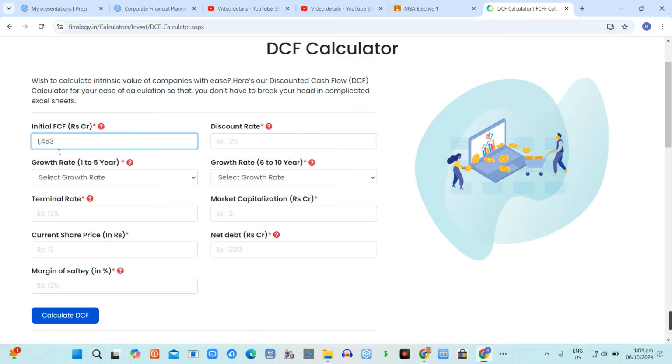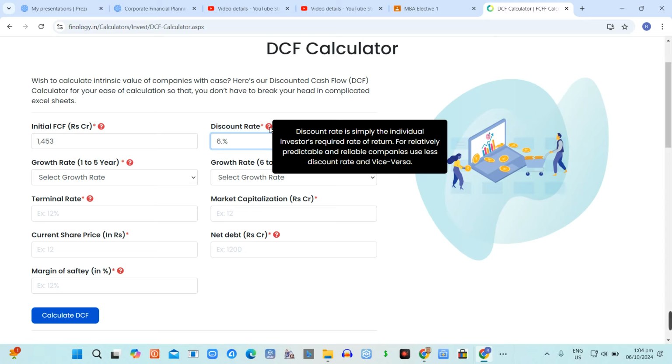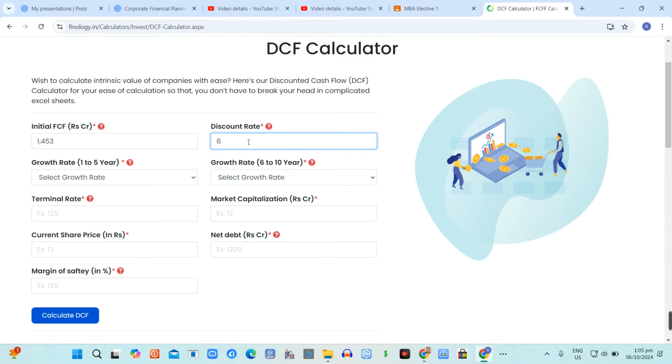So this will now be 1.4 billion. And then the discount rate would be just the required return. Okay, so maybe 6.25, 6.75%. So we want it to be bigger than the 10-year bond rate.